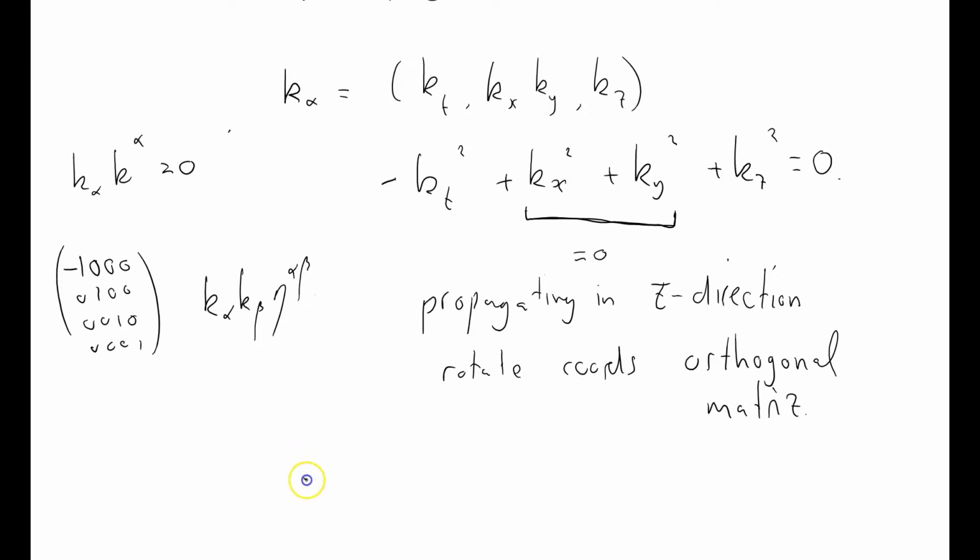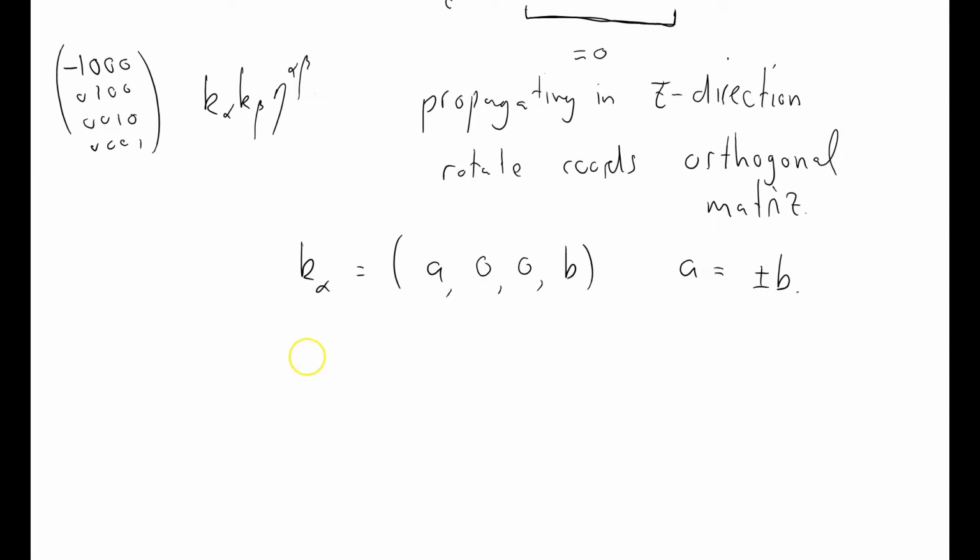So if I write K alpha as, let's call it, A, 0, 0, B, we know that A equals plus or minus B. It's conventional, when you write it with the downstairs index, to write minus omega, 0, 0, omega.